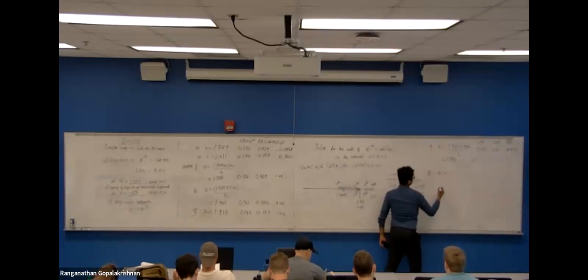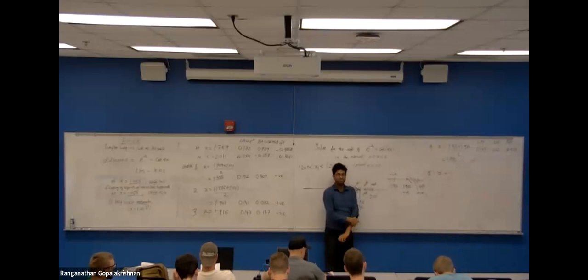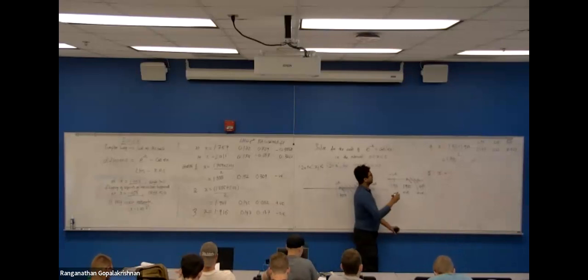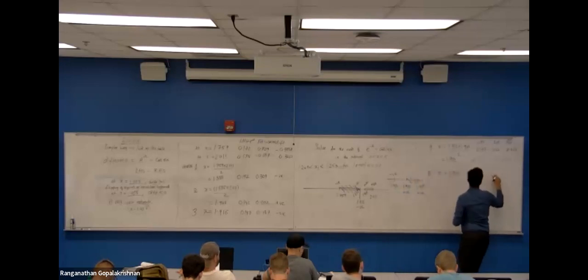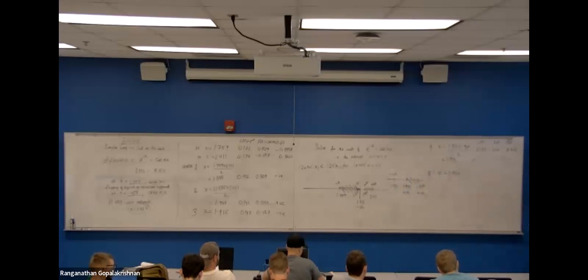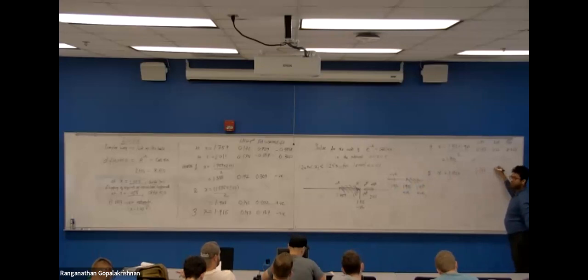Fifth iteration. What is x? The midpoint of 16 and 32? 24. 1.924. Left side, right side, difference. Left side is 0.146. Right side is 0.157.